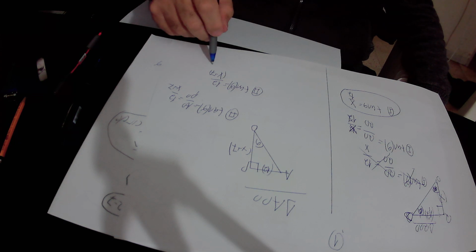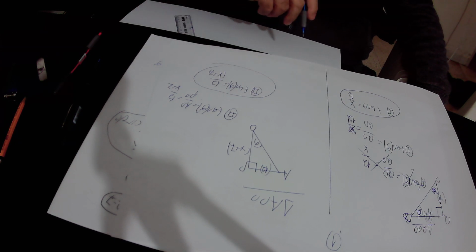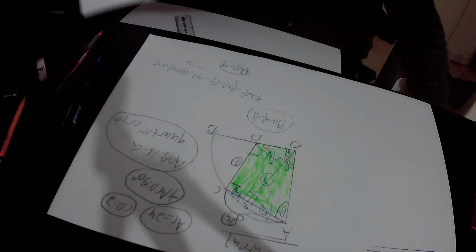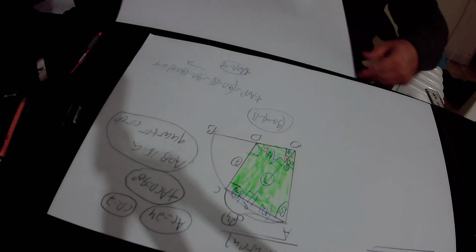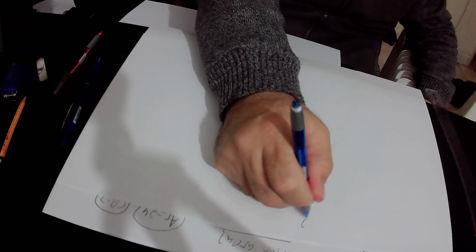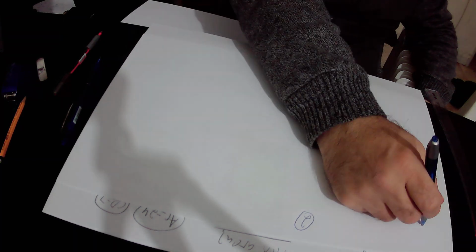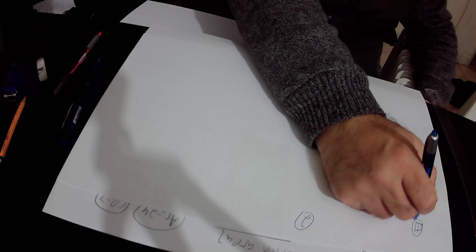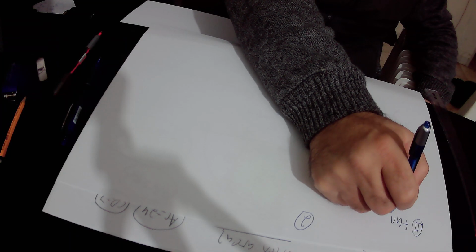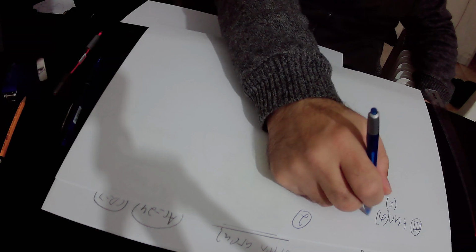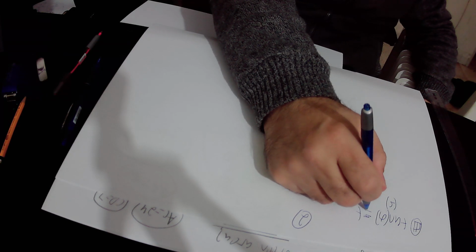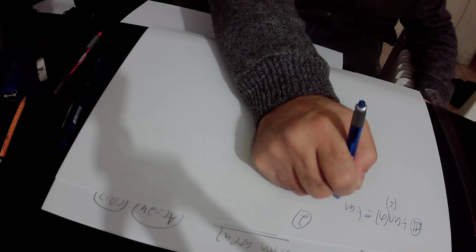So we have two different expressions for tangent alpha. Therefore we get equation number 3. According to equation number 3, tangent alpha according to equation number 1 must be equal to tangent alpha according to equation number 2.